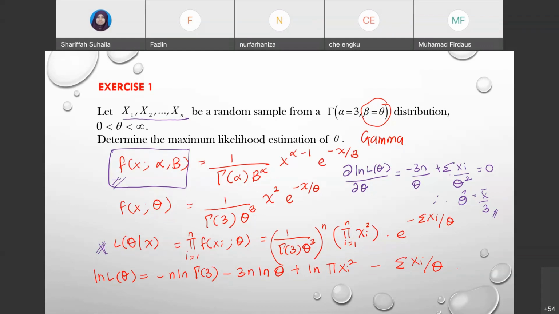Okay, so for third case dia, bila both unknown parameters. So, kalau dua-dua unknown parameters, maksudnya alpha pun tak tahu, beta pun tak tahu, kita perlu estimate alpha head, perlu estimate beta head.